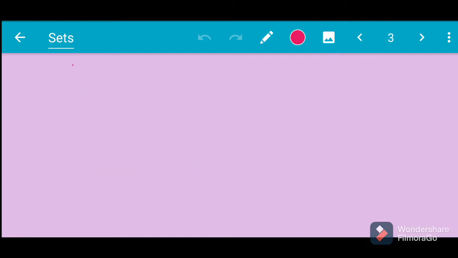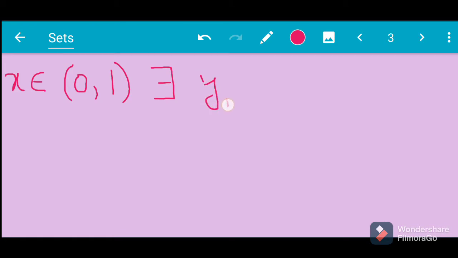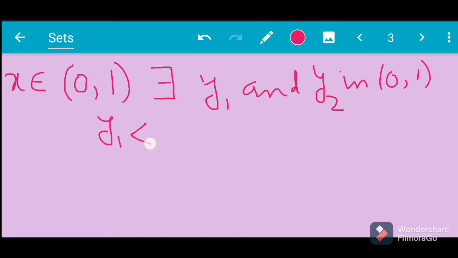For example, if we consider the open interval (0, 1), this set neither contains maximum nor minimum element, because if I take any point x belongs to this set, then always there exists some y1 and y2 in the set such that y1 is less than x less than y2.